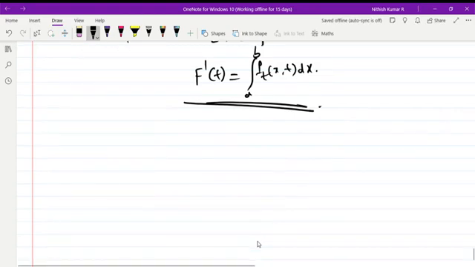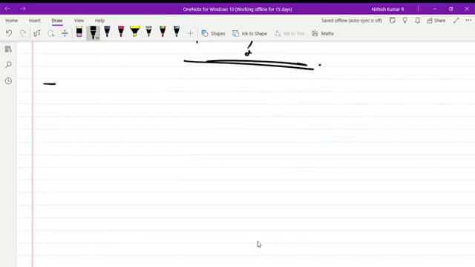So, continuing with the next theorem. It's one of the beautiful and interesting theorems. This theorem is known as the interchange theorem.